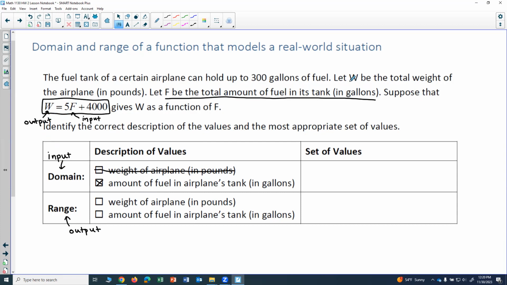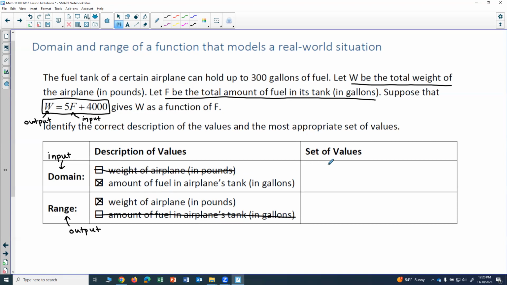Now in the statement, it says W is the total weight of the airplane in pounds. So I want to go ahead and select weight of the airplane in pounds for my range. And I'll go ahead and cross out the amount of fuel. So I've got my domain is the amount of fuel. The range is the weight of the airplane.